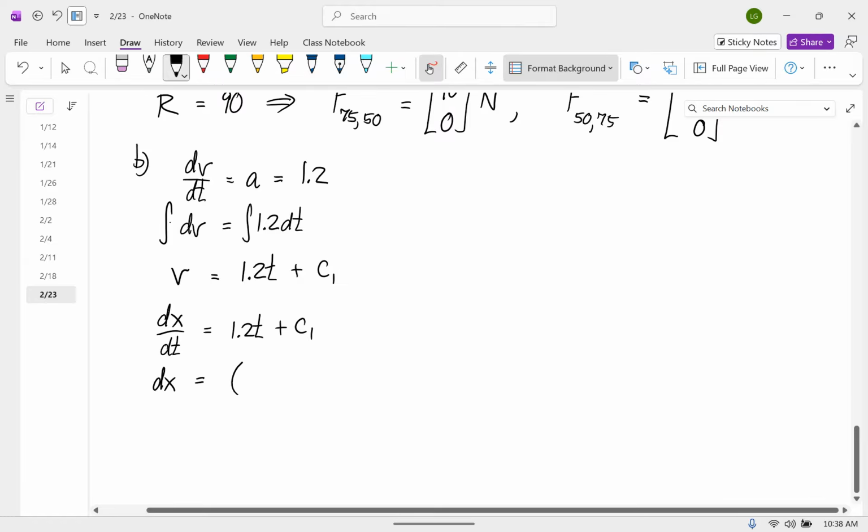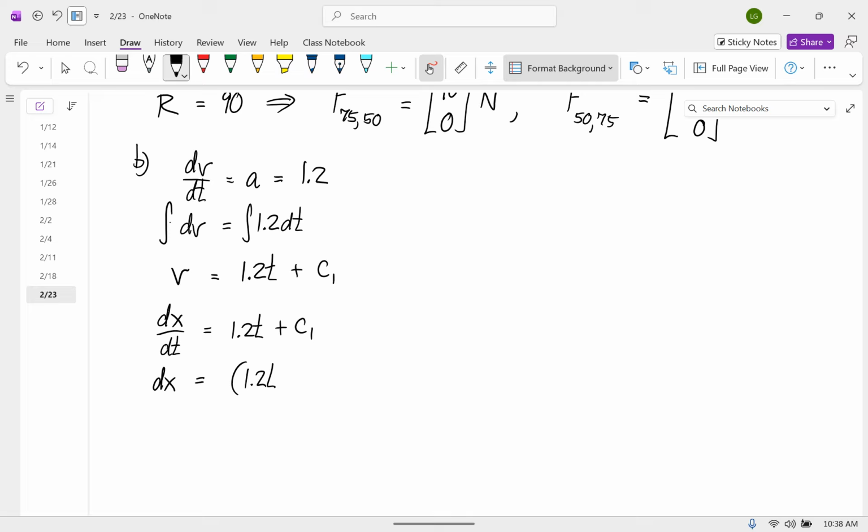So dx is equal to 1.2 t plus c1 dt. You can integrate both of those, and you get that x is equal to 0.6 t squared plus c1 t plus a new constant of integration, c2.